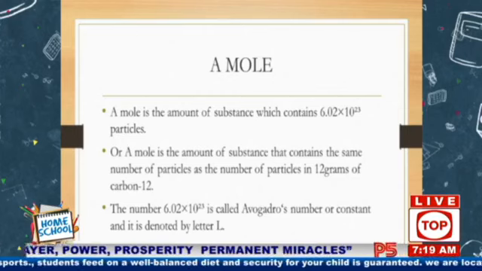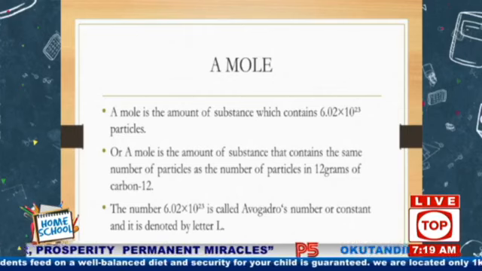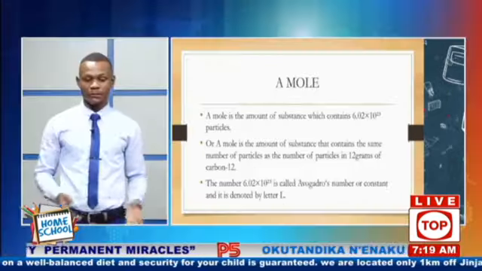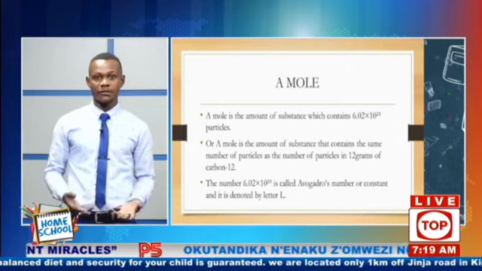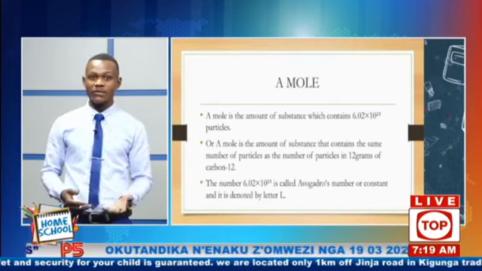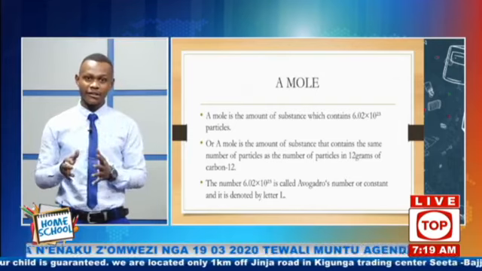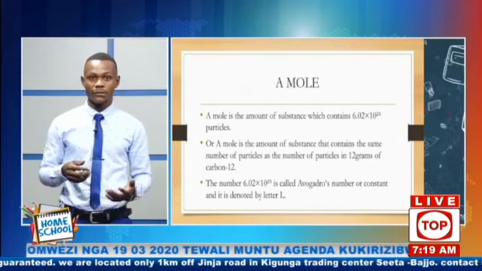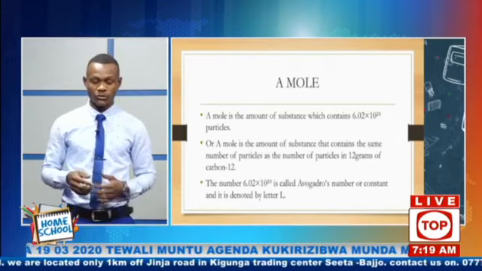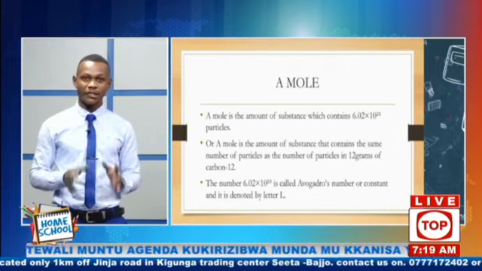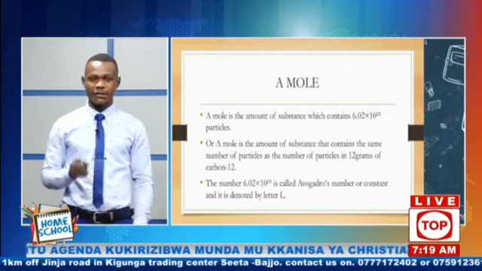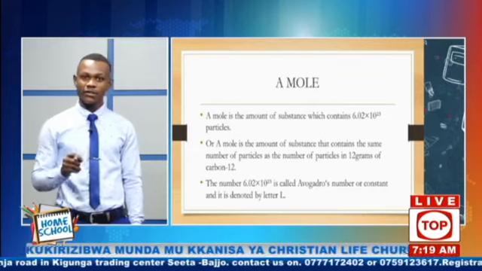Was it just from anywhere and we came to find it in books? Or was it out of someone's effort? Someone had to read chemistry, analyze it, and come up with this concept, and that was Avogadro. That's why it has been termed Avogadro's number, or Avogadro's constant.